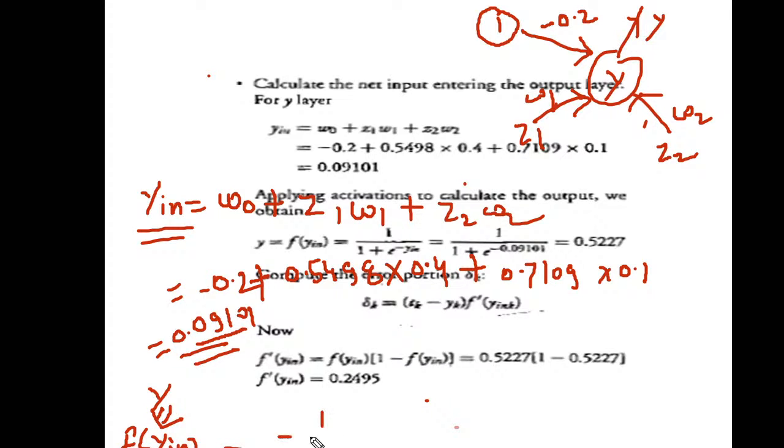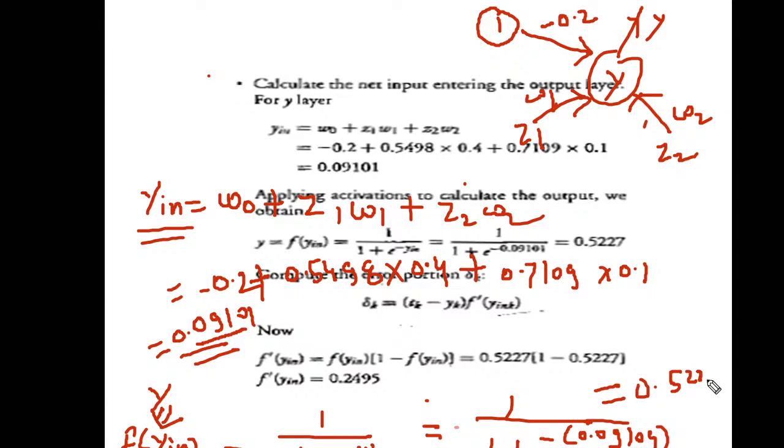So we substitute like this: 1 upon 1 plus e raised to minus y in, which is 1 upon 1 plus e raised to minus 0.09109, and this is calculated as 0.5227. So the answer of this one is 0.5227.